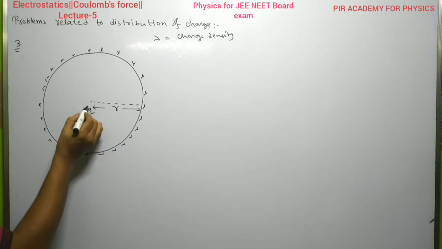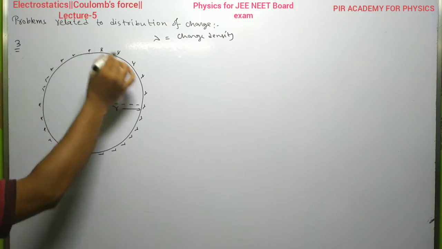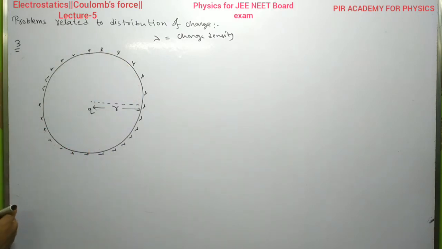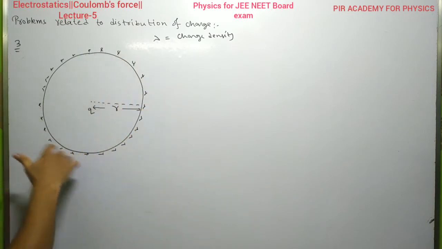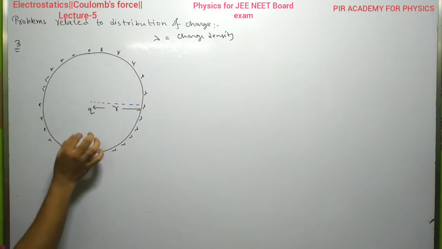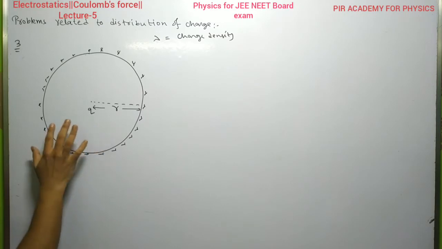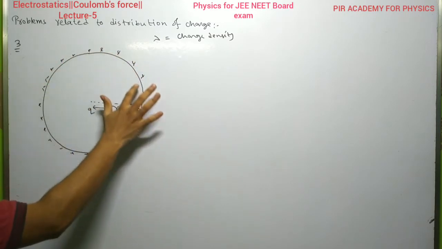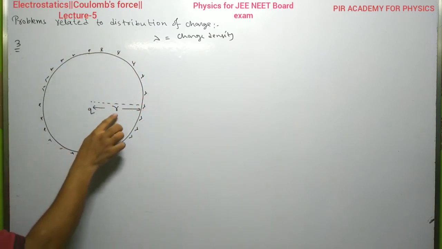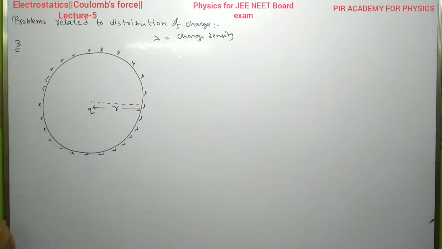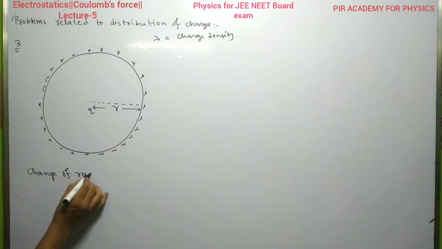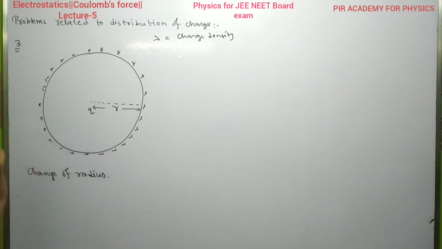So this is a plus charge and this is a plus charge, so this charge repels the wire. Due to the force of repulsion, the wire expands, that means the radius will be increased. So for this configuration, you have to find out the change of radius.